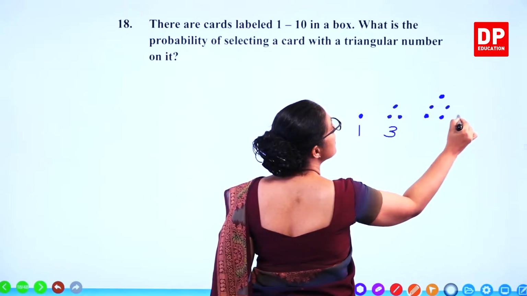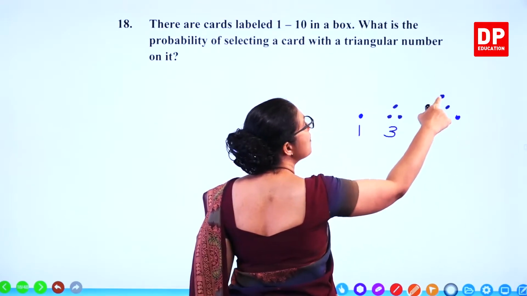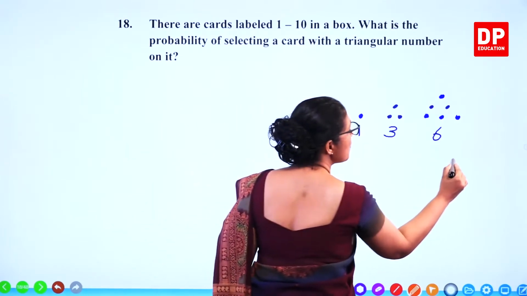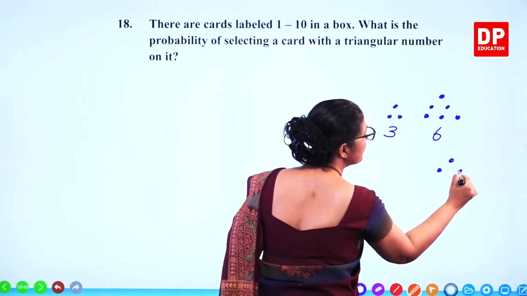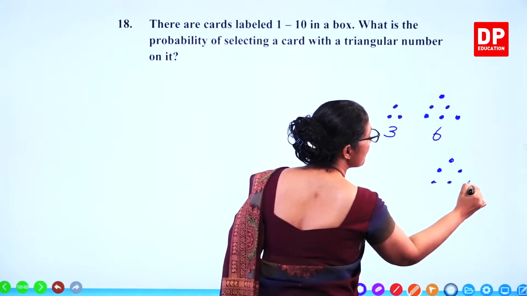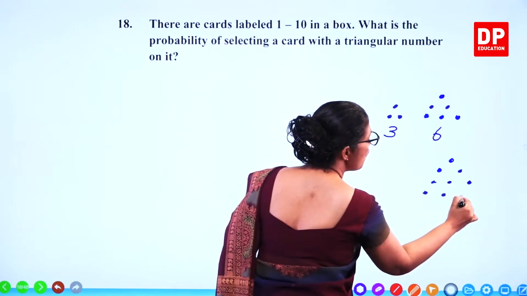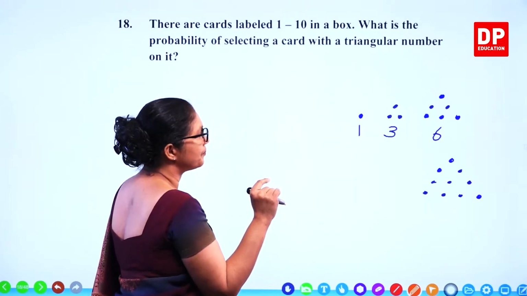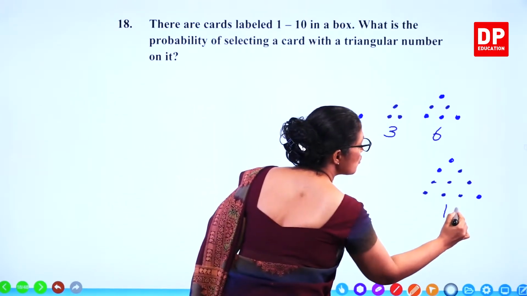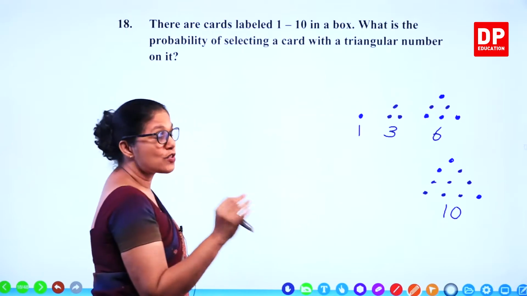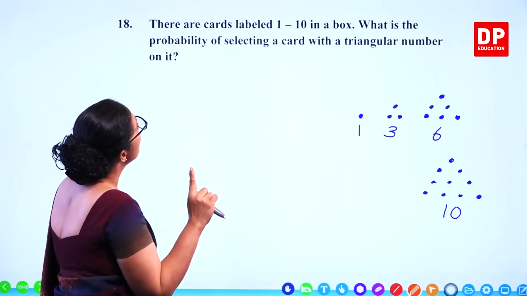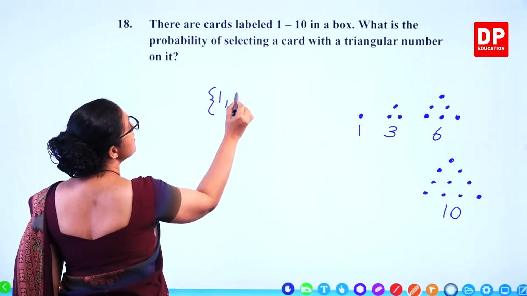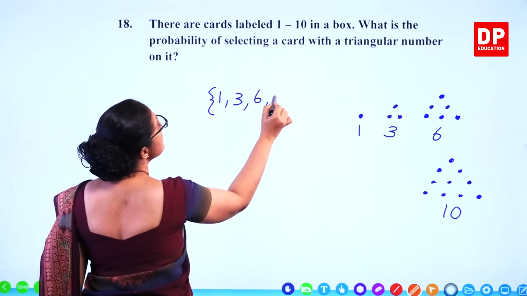You get 3 plus 2, 5 plus 1, 6. So 1, 3, 6. And what's the next one? You get it with 4 dots: 4, 3, 2, 1. So you get 10. So those are the triangular numbers. So you can write down triangular numbers are 1, 3, 6, 10.